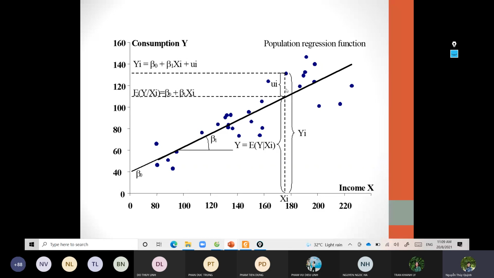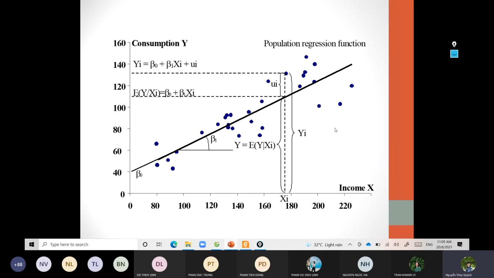The intersection between this and the population regression line is the conditional expected value of y. ui here is the difference between the observed value of y and the conditional expected value of y. So ui can be positive, like in this case, and ui can also be negative, for example in this case.